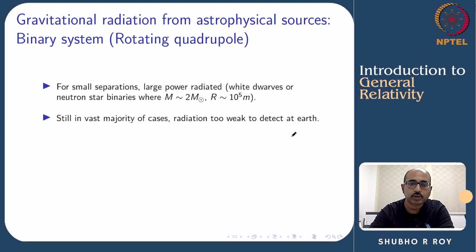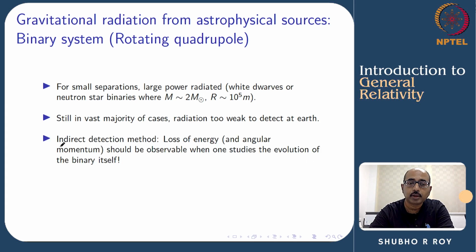But there was a time in which this radiation flux was too weak to detect directly. In that case, there was an indirect detection method in which people track the binary system itself, because if a significant amount of energy is being emitted, that would lead to loss of energy and angular momentum in the system.